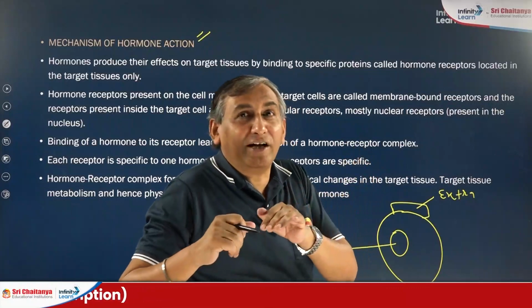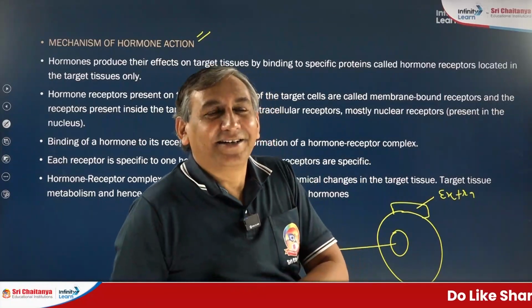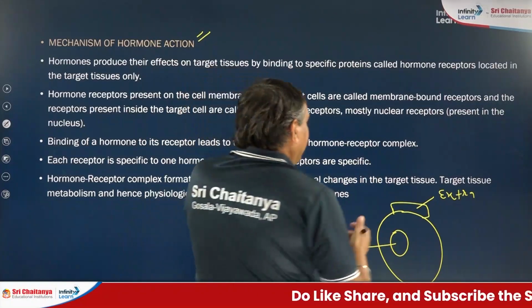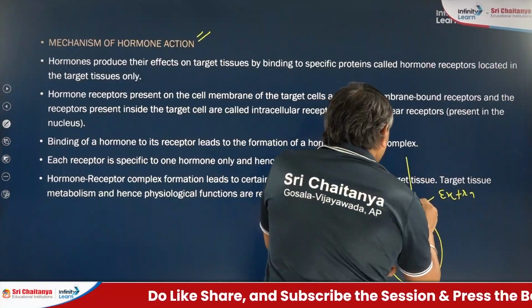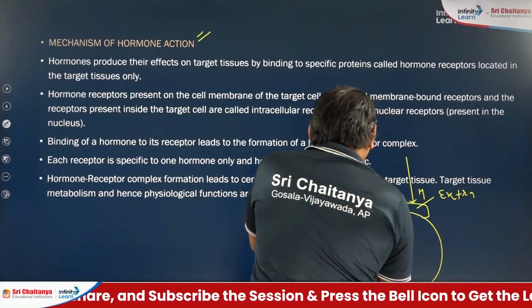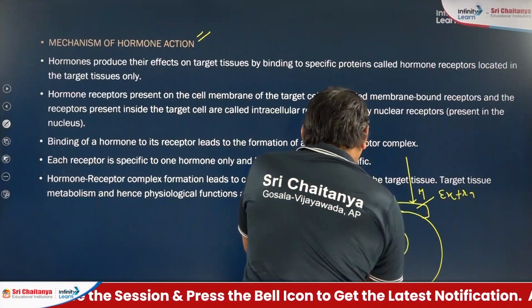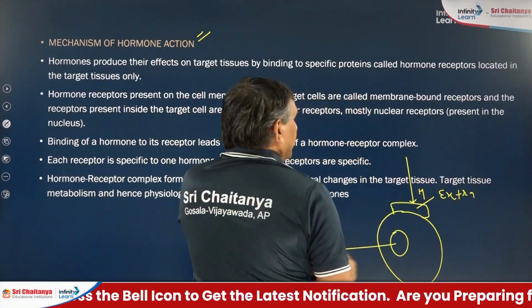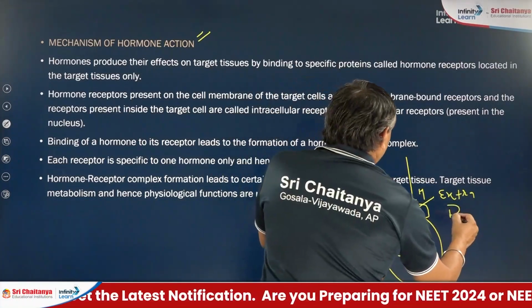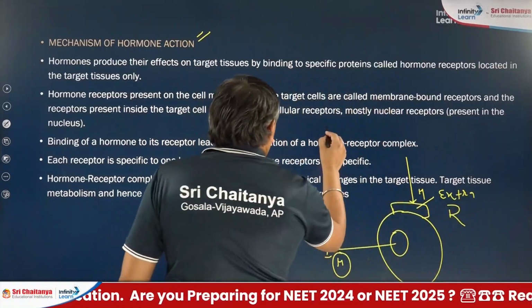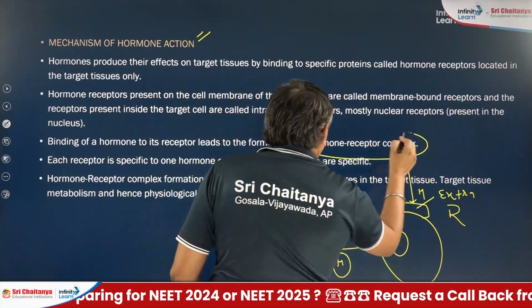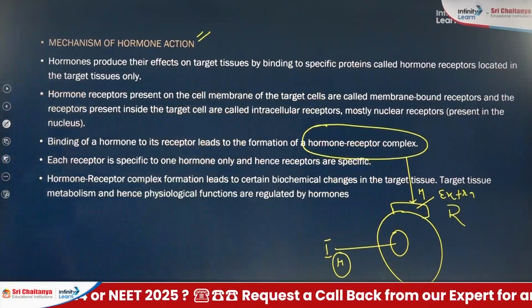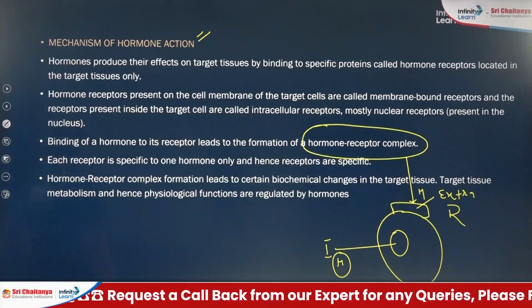Simply, hormones are not working directly. First, they will meet either with the extracellular receptor or with the intracellular receptor. It means this is the receptor. It means a very important term, that is the hormone receptor complex.